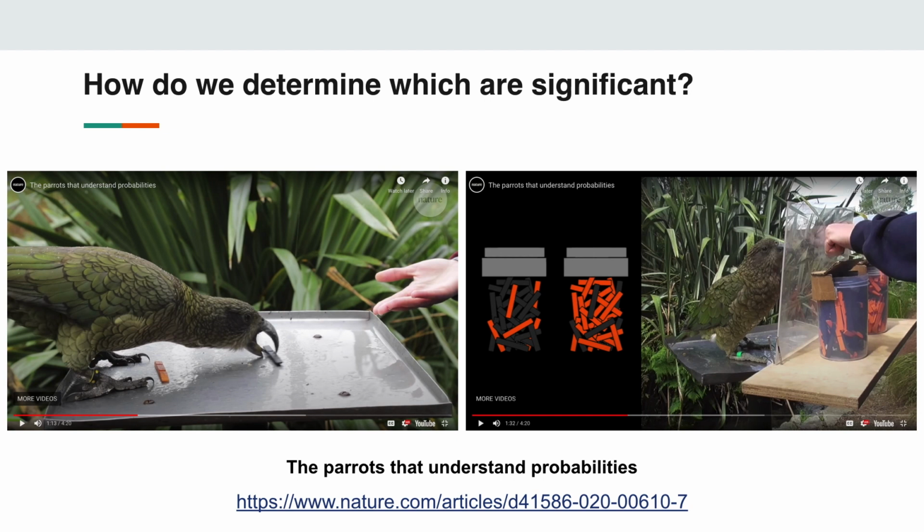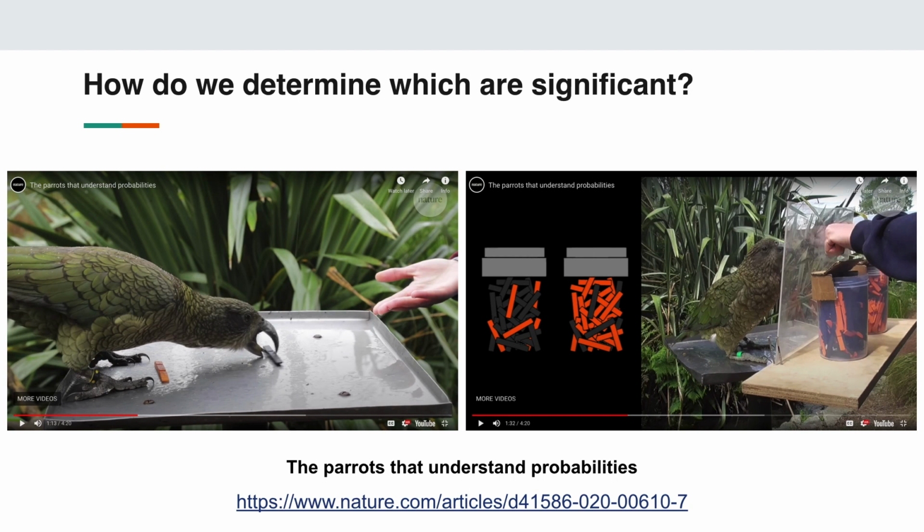And then the researchers present the parrots with two jars composed of different quantities of black and orange tokens. And the researcher chooses one token from each jar, all with the parrot watching, and lets the parrot choose which hand it prefers. So the hand that went into the jar with more black tokens, or the hand that went into the jar with more orange tokens, but still has some black tokens in there.